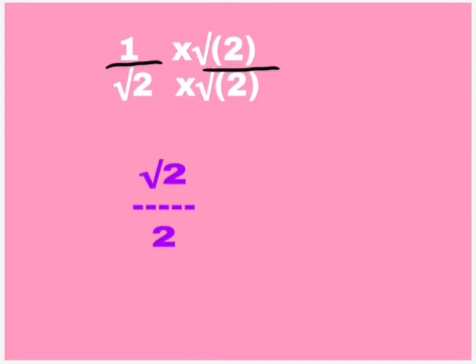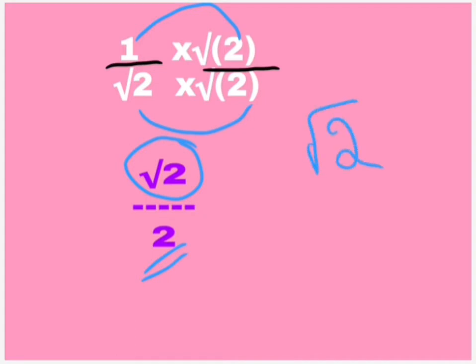So when we do that multiplication, 1 into root 2 will become root 2. Then root 2 into root 2 will become 2, which means root 2 into root 2 is root 2 whole square. Whenever you multiply the same root numbers, their root and square get cancelled and you are going to get the whole number. Root will be cancelled. Root 2 by 2 is our answer.